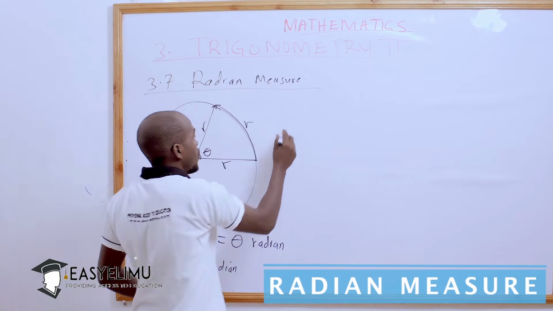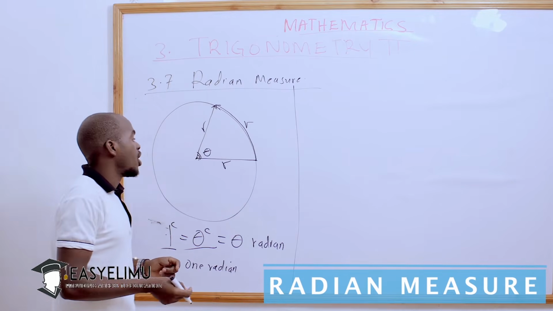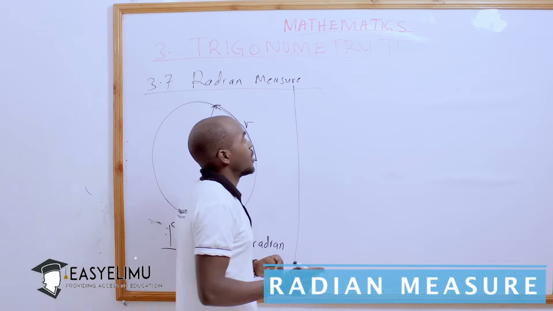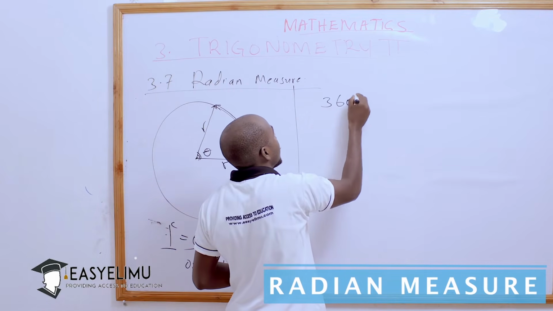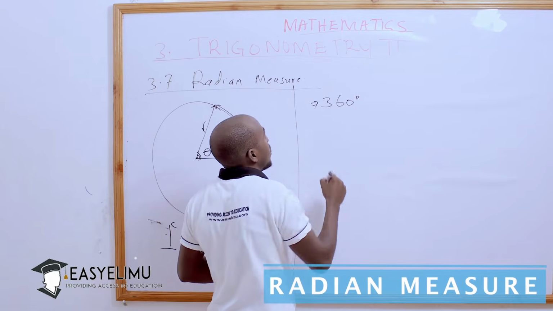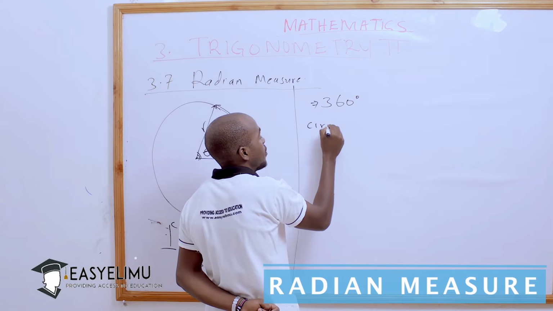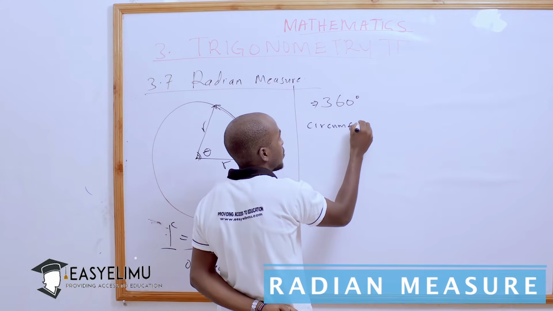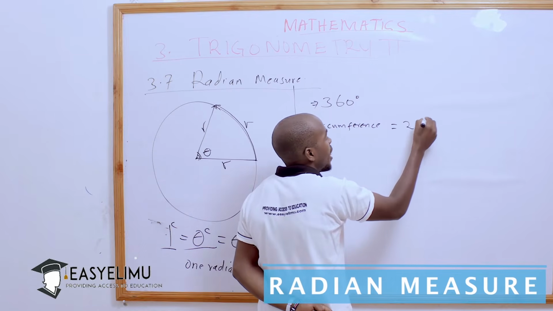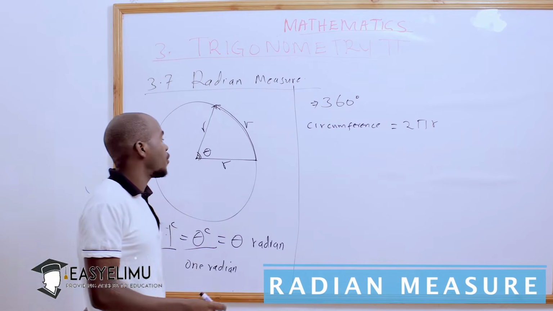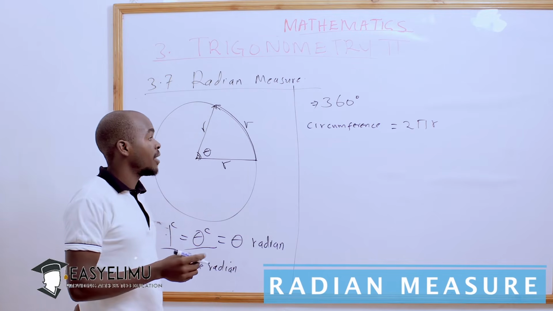Having seen that, we know that all the angles in a circle measure up to 360 degrees. And we also know that the circumference of a circle is equal to 2 pi r. The total circumference of a circle is 2 pi r.